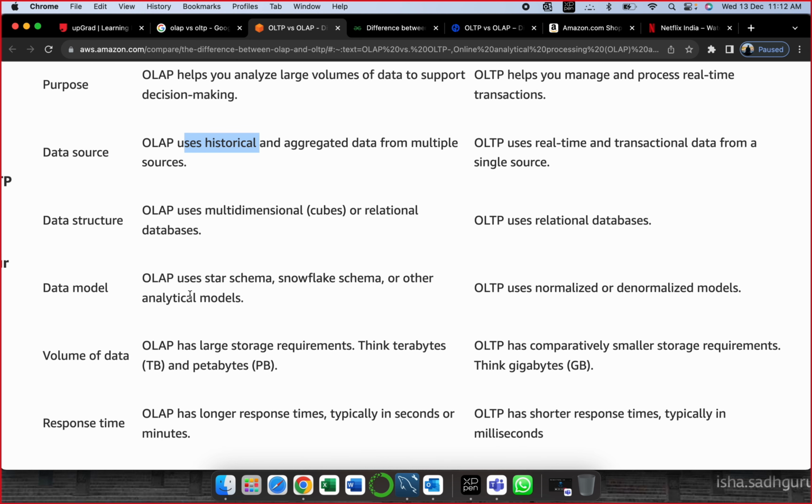Now, data model. OLAP uses a star schema, snowflake schema, or other analytical models. Why? Because it's a huge amount of data. If the data is small, it will use a star schema. If the data is huge, it will use a snowflake schema. Now, what do you think?